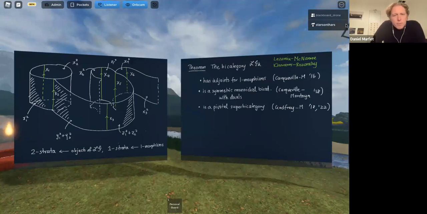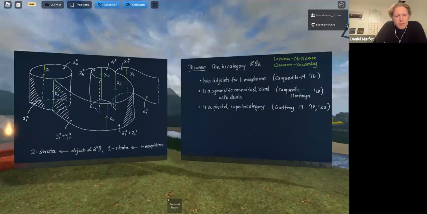Okay, so it's an interesting bicategory made up of these hypersurface singularities. And the picture on the left is what you can do with a bicategory with this kind of structure. If you have a category or a bicategory or a higher category with certain kinds of structure, you can associate to such categories TQFTs of various kinds.